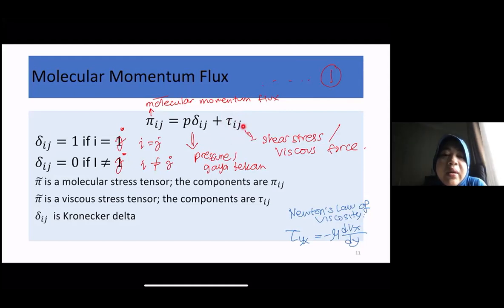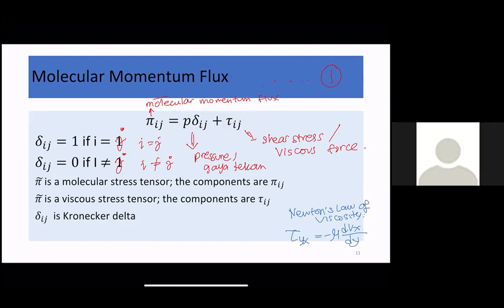Sometimes later on in some examples we can consider that there is a pressure in the system, and then we can neglect the pressure. But usually there's always shear stress. In different problems, different topics, there would be different boundary conditions. Oh, I see, ma'am.